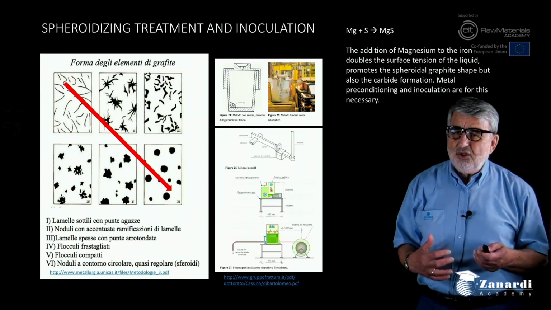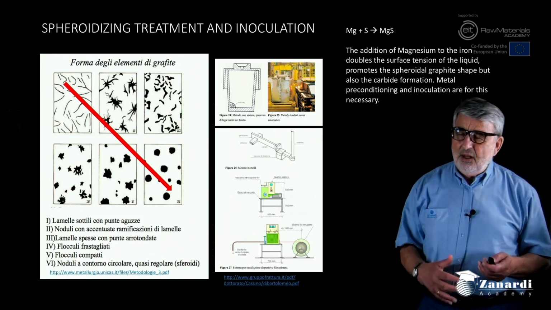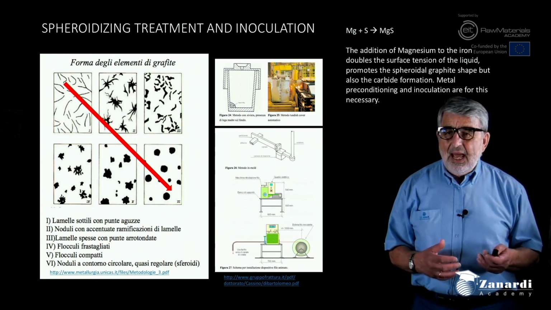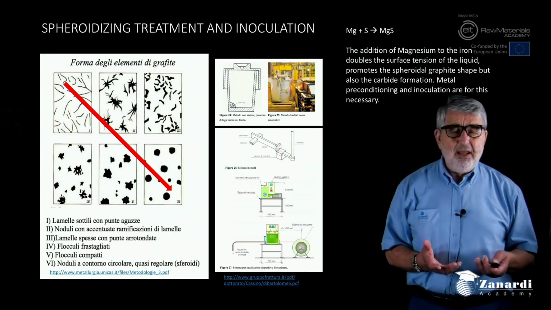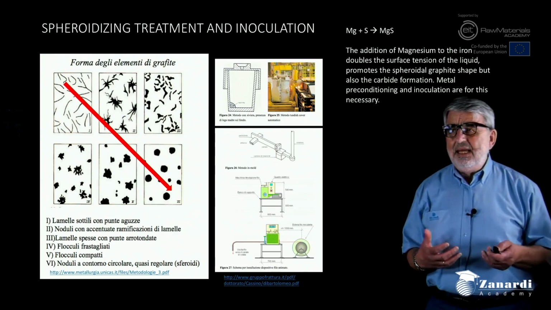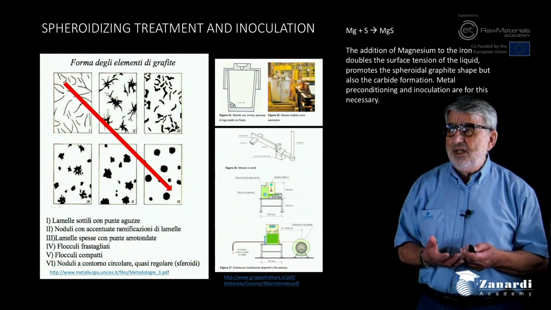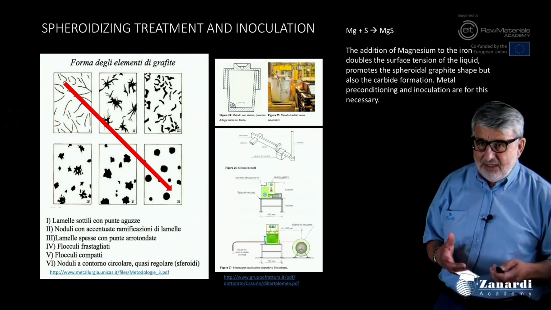In this way, by subtracting sulfur from the liquid metal, the surface tension is doubling. And with the high surface tension, the natural shape is the one that minimizes the external surface of graphite per unit volume, and this is a spheroidal graphite.